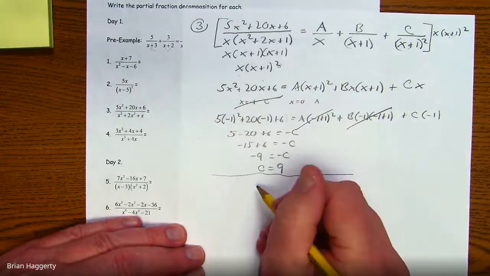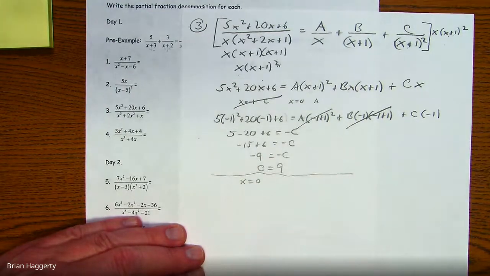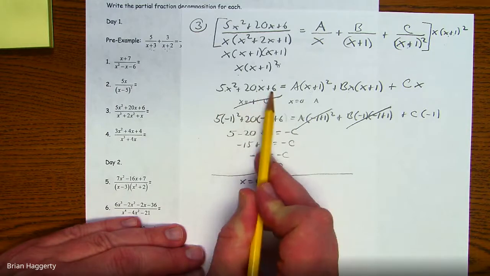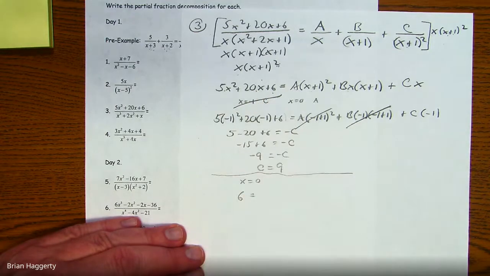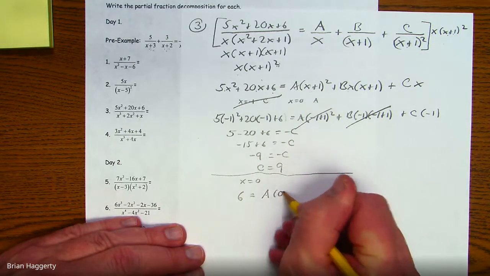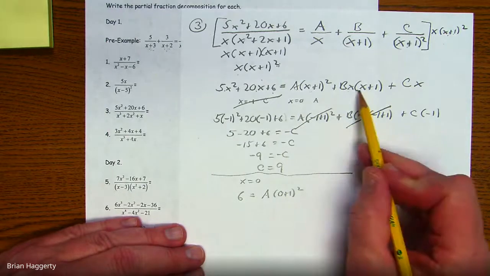Step 2 of my plan is I'm going to plug in 0 for x. If I plug in 0 for x, I'm not even going to recopy all of this. That's gone. That's gone. We're left with just a 6 on the left-hand side. That's going to be a times (0 plus 1) squared, which is just ultimately going to be a. That's gone.